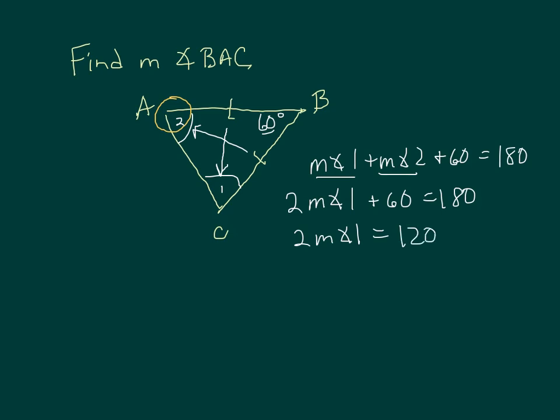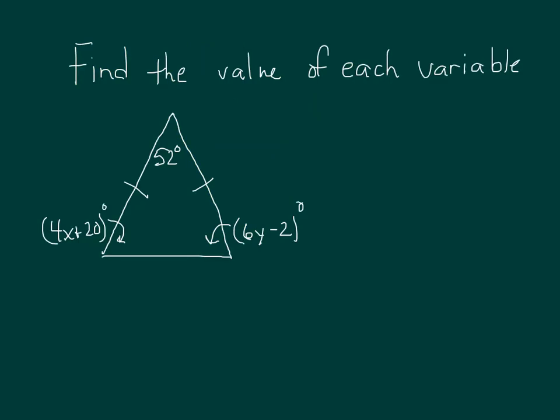And if we divide by 2, the measure of angle 1 equals 60 degrees. Now that's this angle, angle 1. It's 60. But since 1 and 2 are the same, and I was actually after what I labeled angle 2, angle BAC, it's also 60 degrees. Let's try one more example before we get done with the video.